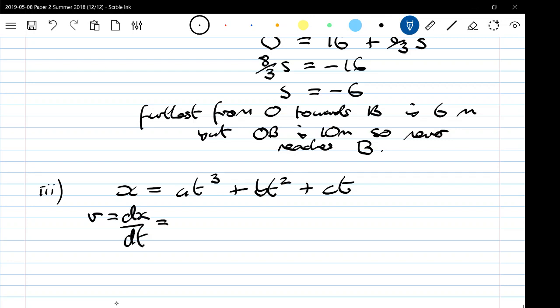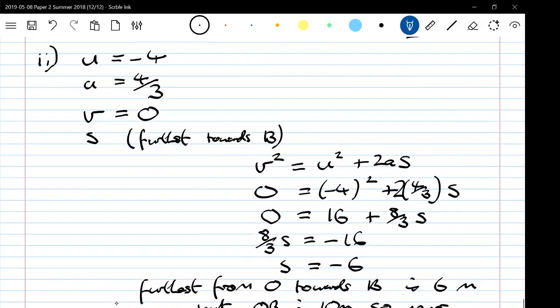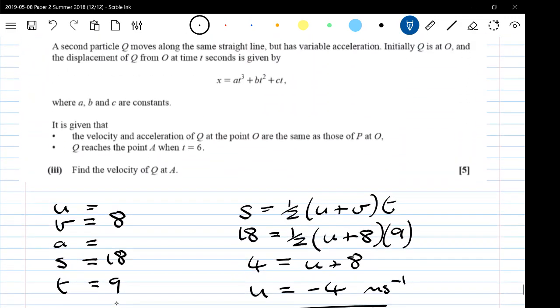If we differentiate that, that's 3 times at squared plus 2bt plus c. And the acceleration, which is dv by dt, differentiate it again, we get 6at plus 2b. Now we can start to piece together what the question said.